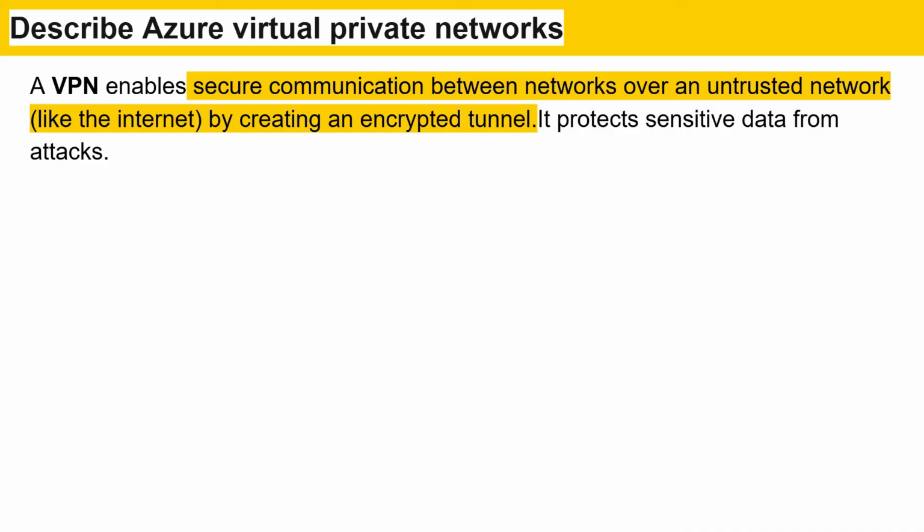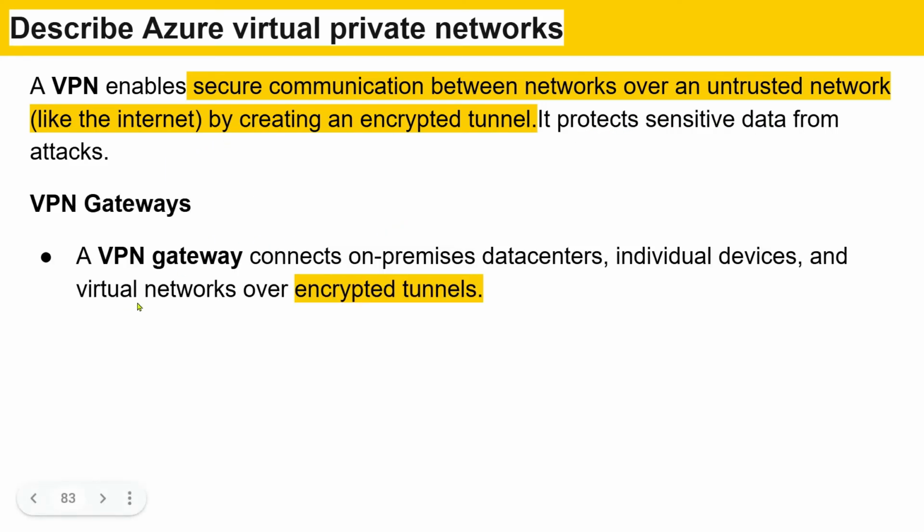To connect to client machines, we connect through VPN. It protects sensitive data from attacks. Now VPN gateways. A VPN gateway connects on-premises data centers, individual devices, and virtual networks over encrypted tunnels. So the key word to remember is encrypted tunnel to secure the data flow.